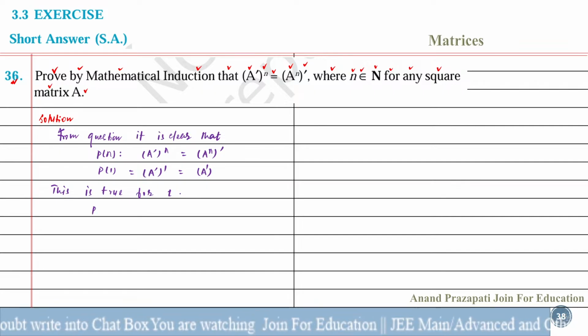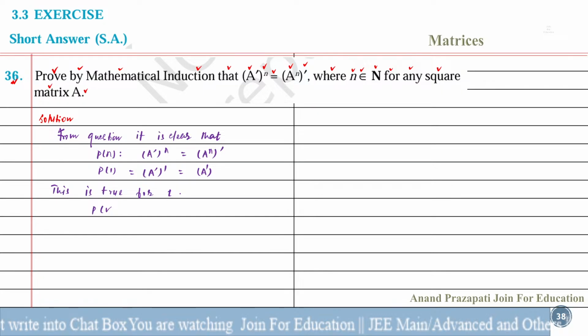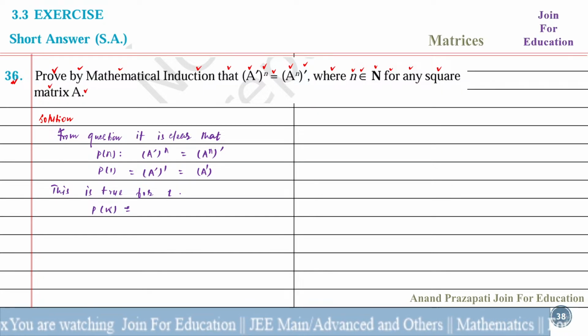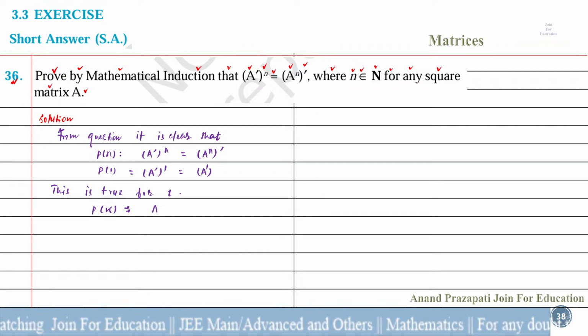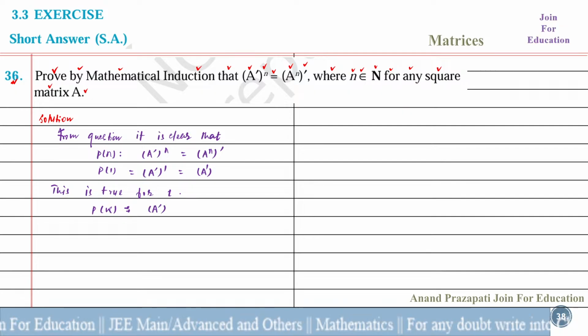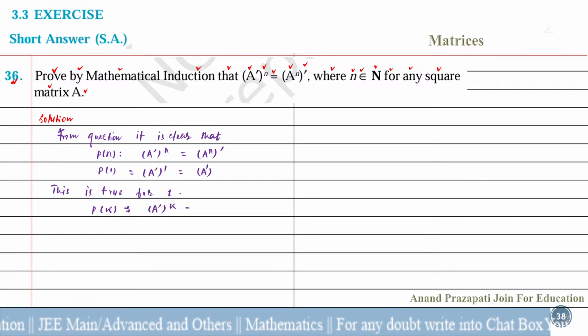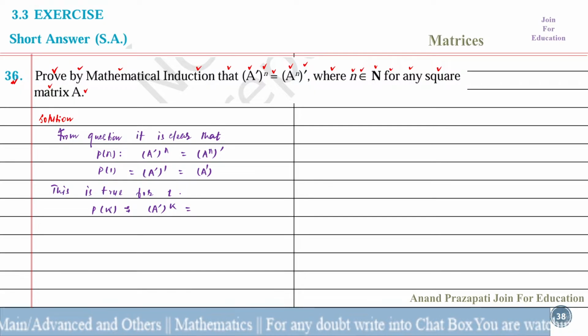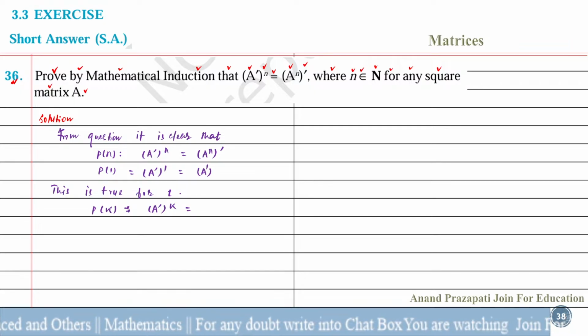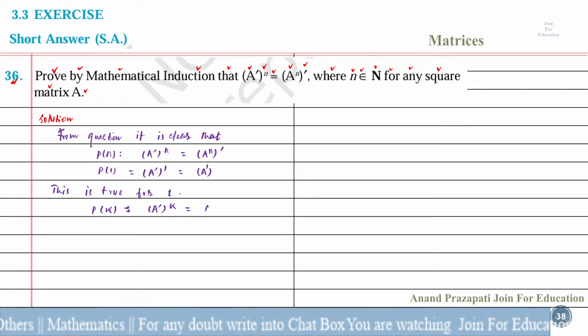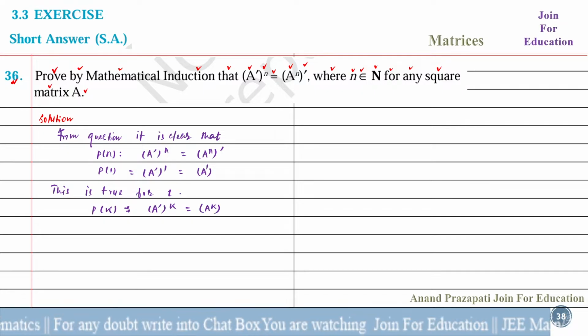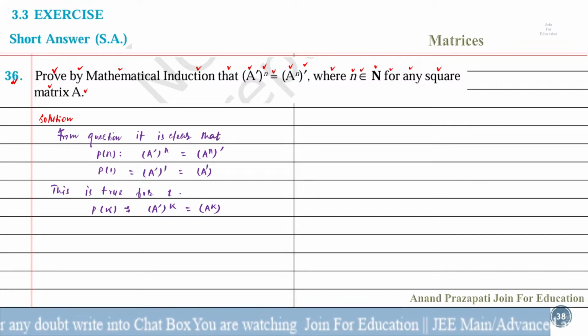Now we try this for k. So for P(k) it will be (A transpose) to the power k equal to (A to the power k) transpose.